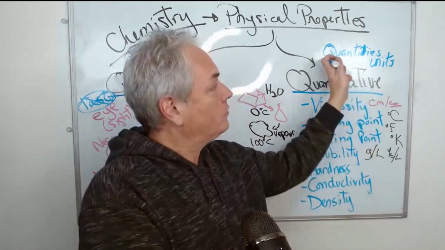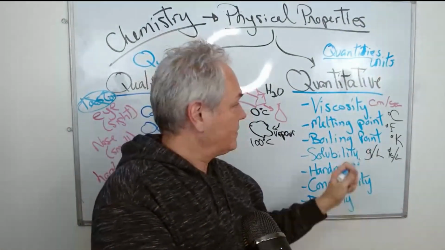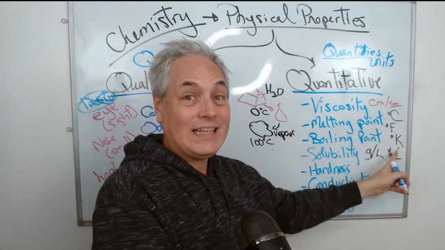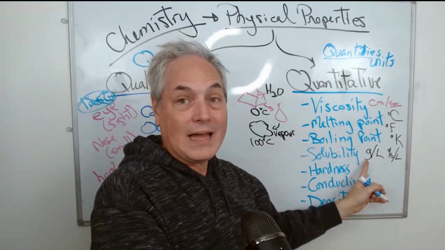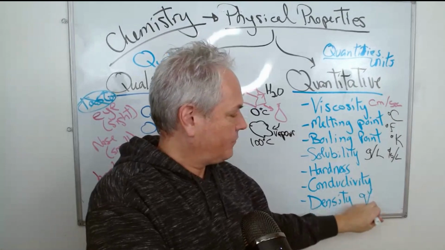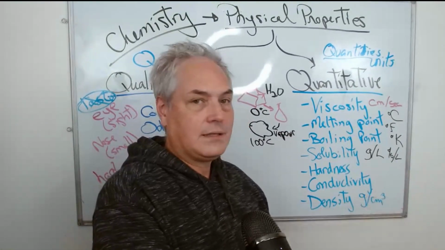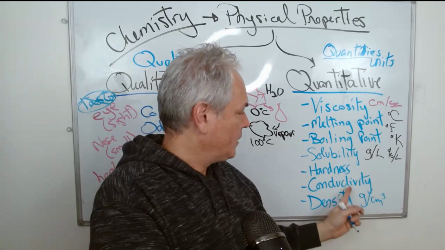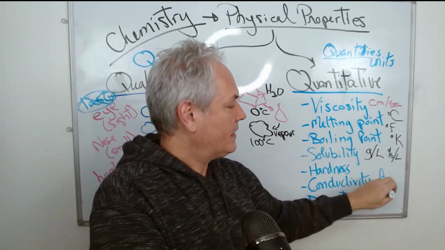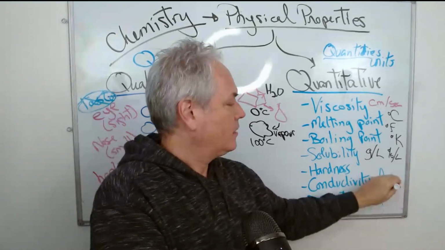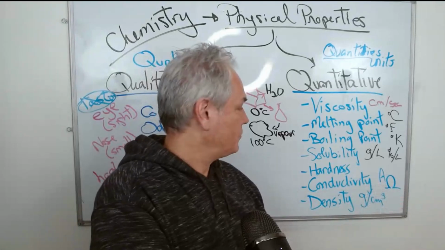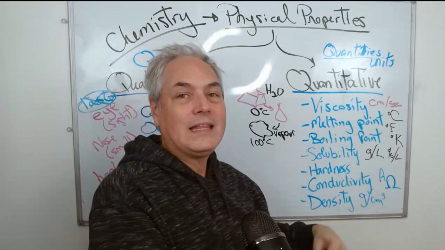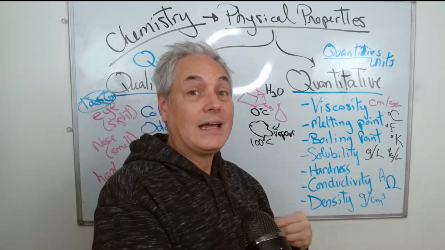When you talk about quantities, you have units such as centimeters, time in seconds, temperature, and mass. For density, we have grams per cubic centimeter, or even tons per cubic meter. Conductivity could be in amps, and resistance in ohms. So the idea here is that you have units that can be measured by tools.